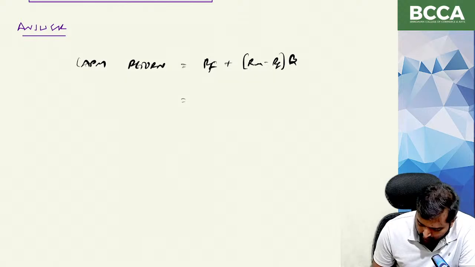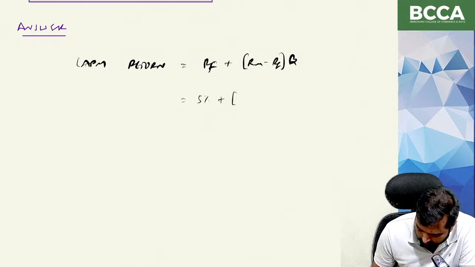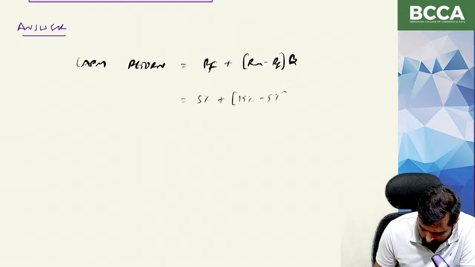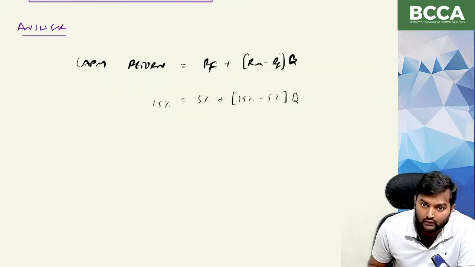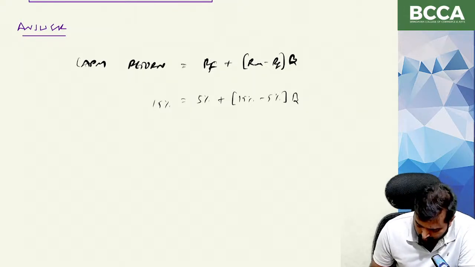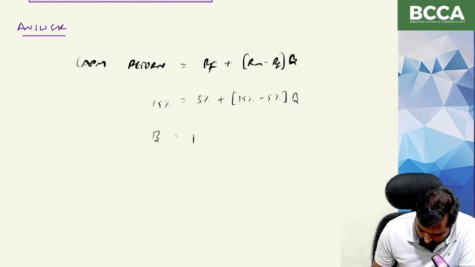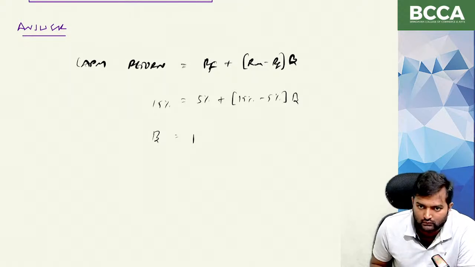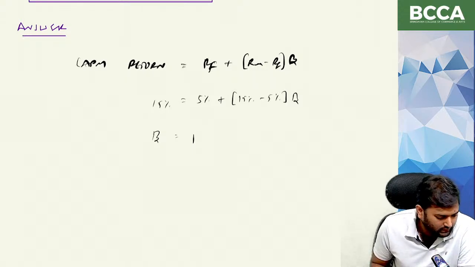So what is RF here? 5% plus RM 15% minus 5% into beta, that is equal to 15. Now the beta is equal to 1. Done. Even if you take risk-free rate as 7%, then also the answer will remain the same. So beta is equal to 1.